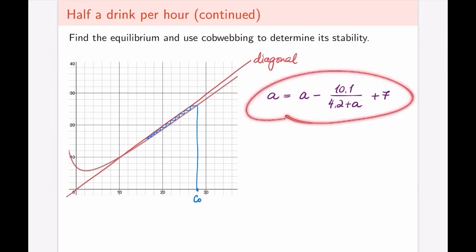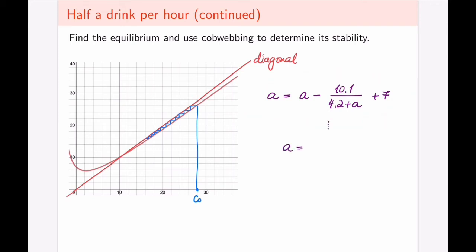Okay, if we solve this equation, we're going to find out that A is equal to 29.4 over 3.1, or approximately 9.5. So this is now my equilibrium.